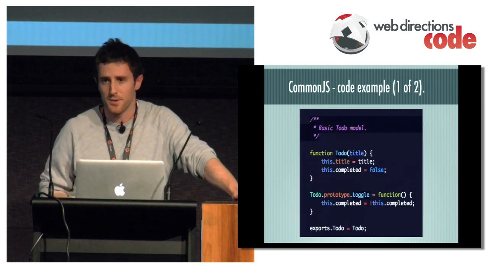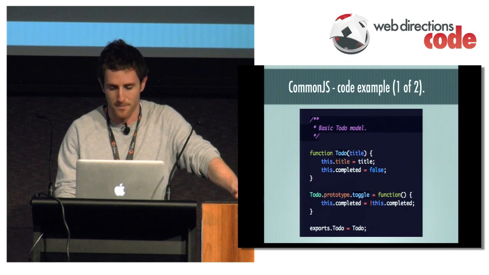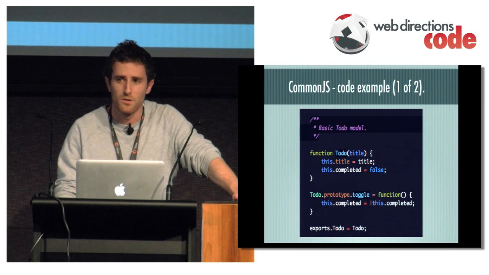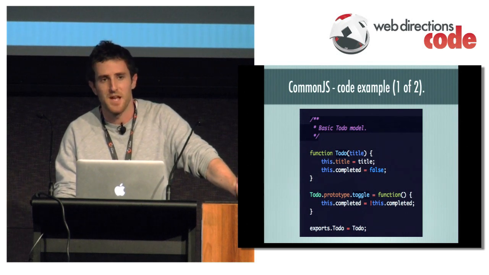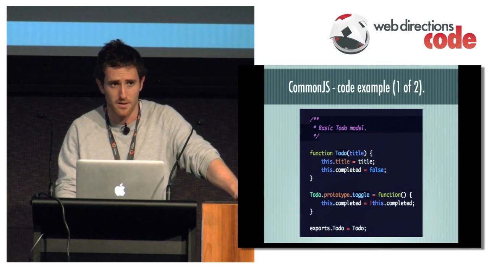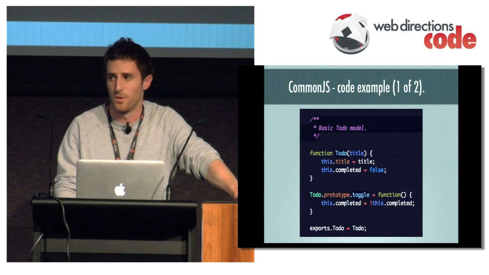Basically, there are two key concepts. There is the exports concept. With CommonJS, there's only one module per file, and it sandboxes the values in there in a private way. The only thing that comes out of that module is the things that you attach to the exports object.